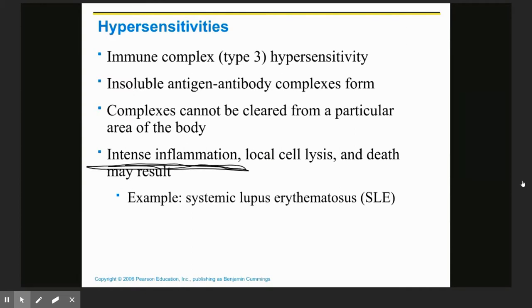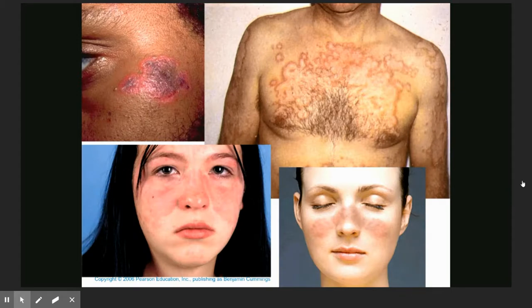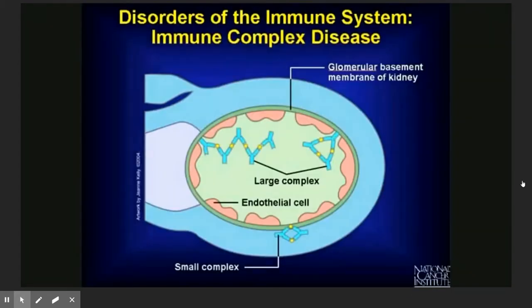And so cells die. Look, there it is in the gut, and here are these complexes right here. So white blood cells are going to come, but not only will they destroy that, they'll destroy this as well.